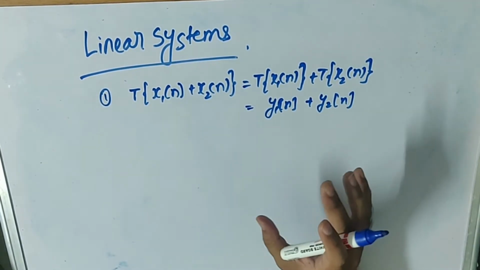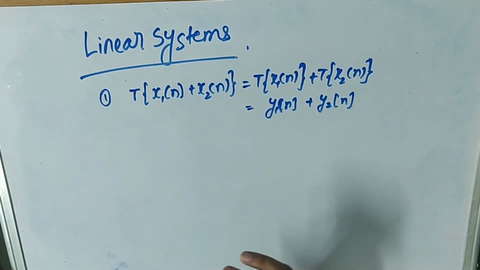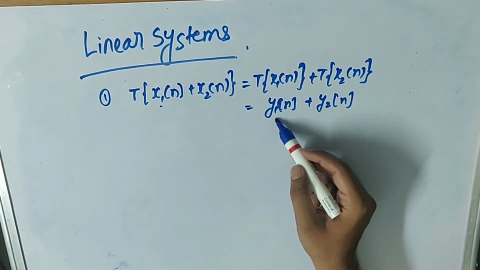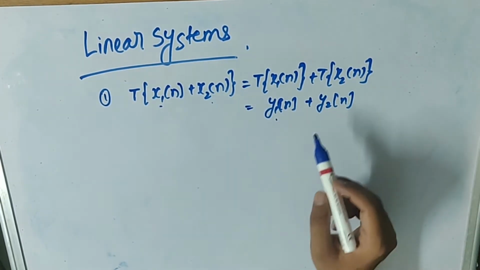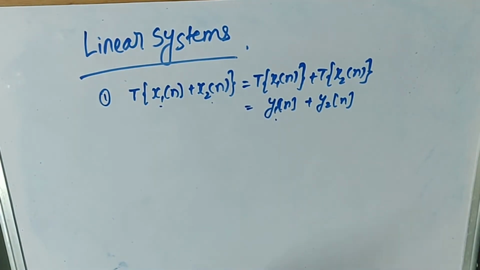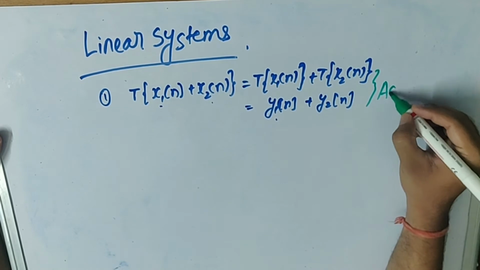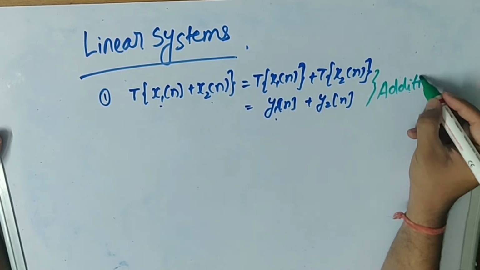So here we mean that if x[n] is an input to the system, y[n] is the output. Similarly, if x1[n] is the input, y1[n] is the output. If x2[n] is the input, y2[n] is the output. So this property, we can say, is the additive property.